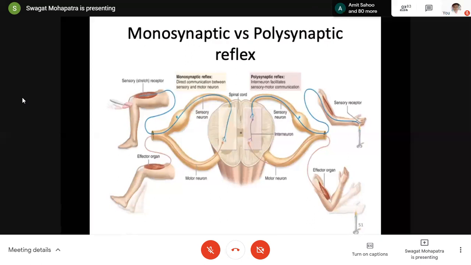So this is the difference between polysynaptic and monosynaptic, because here one synapse is involved. Here you can see one synapse, here one synapse. This withdrawal reflex is an example of a polysynaptic reflex.